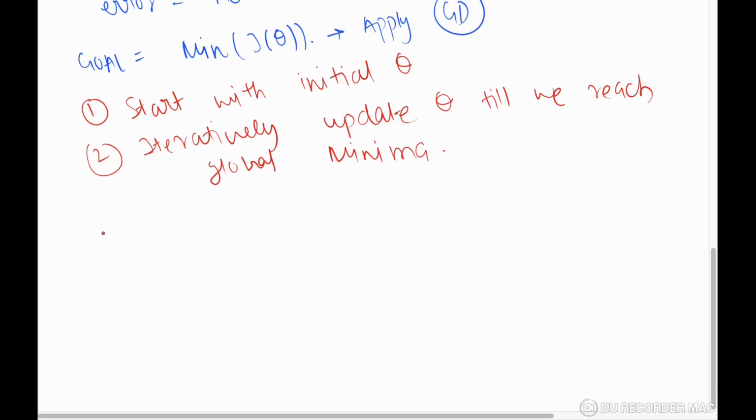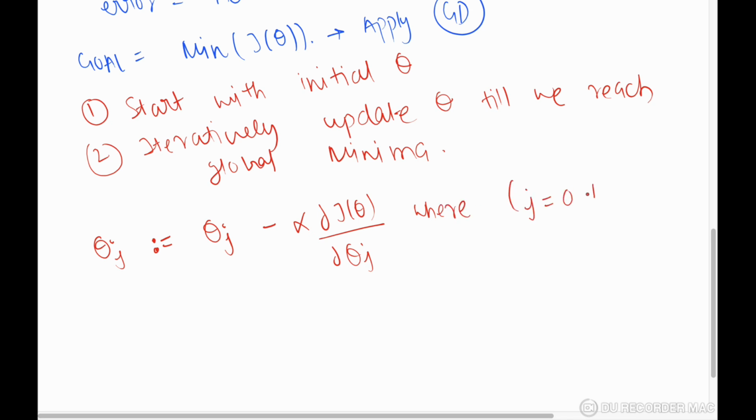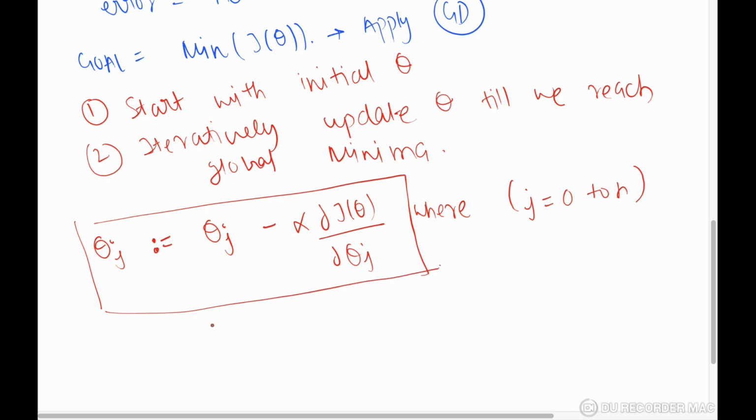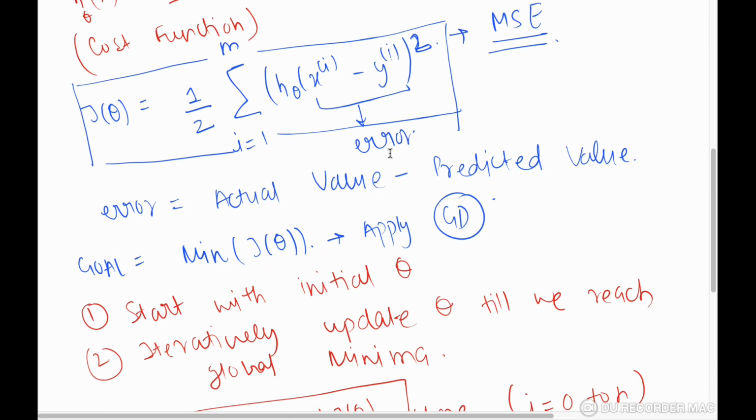So the function for updating the theta will be: theta j gets updated by this relation, theta j minus alpha times the partial derivative of j of theta with respect to theta j, where j runs from 0 to n. So this is our update rule.